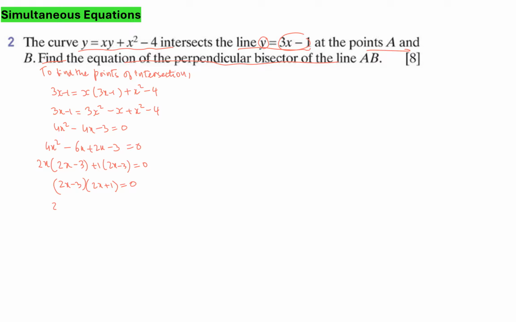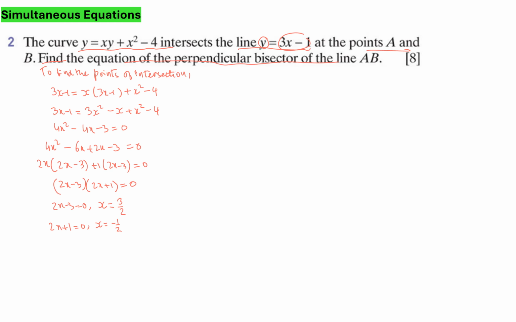So if 2x minus 3 is 0, then x equals 3 over 2. And if 2x plus 1 is 0, then x equals minus 1 over 2. So then we can find the subsequent values of y.